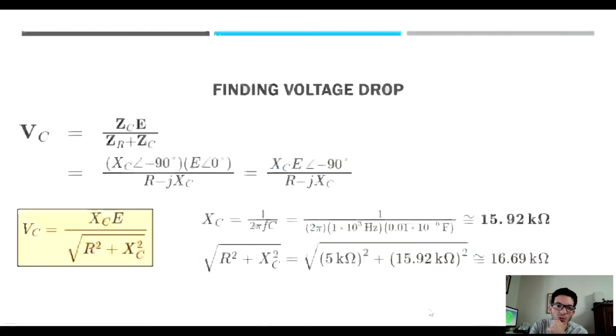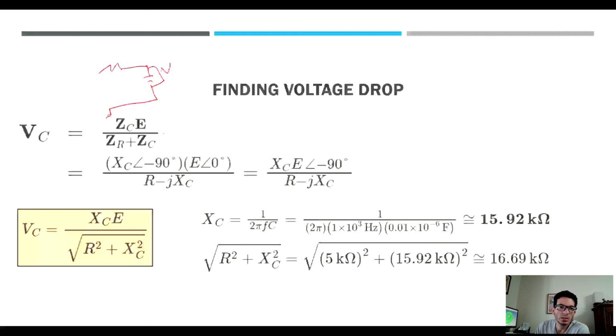Similarly, if you wanted to compute the voltage, you only have to apply the voltage divider rule. Here we have our circuit: a resistor, capacitor, ground, and we want to find the voltage across the capacitor. So we do the voltage divider rule, which is the impedance of the capacitor times the voltage, which is 10 volts, divided by the total impedance.